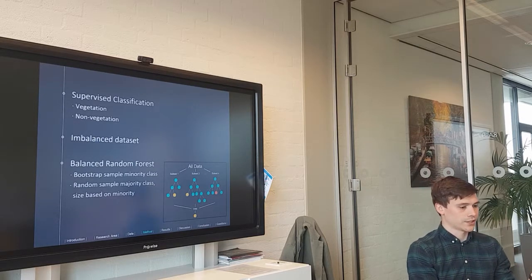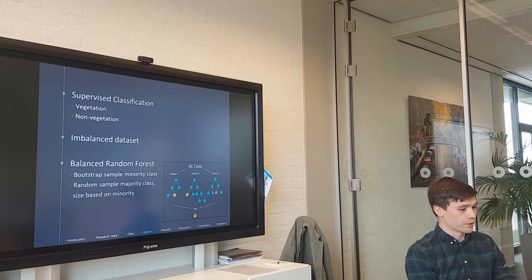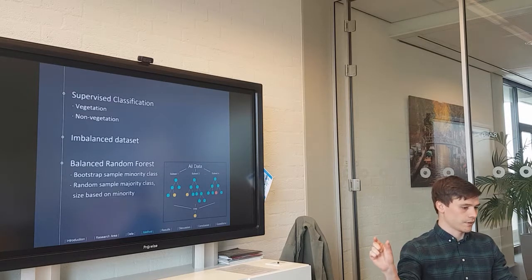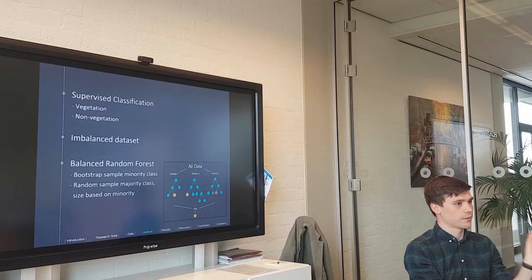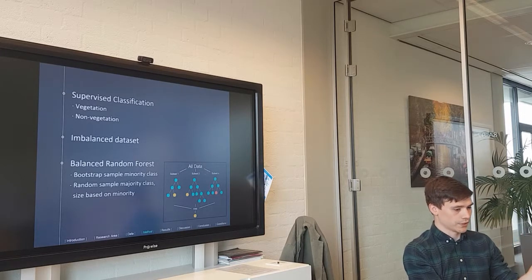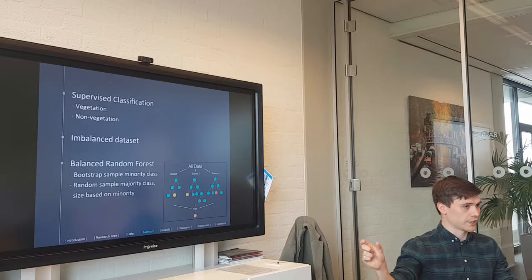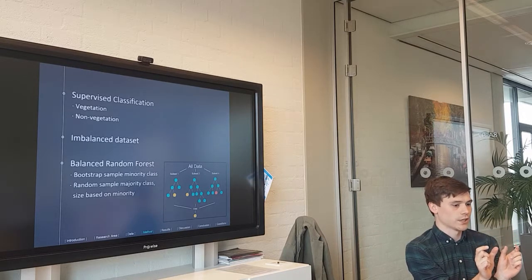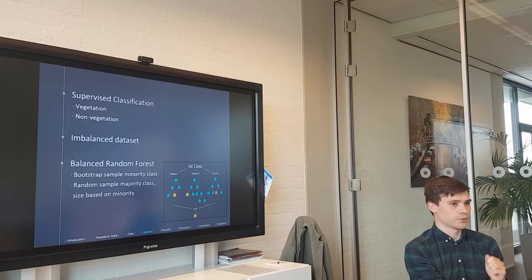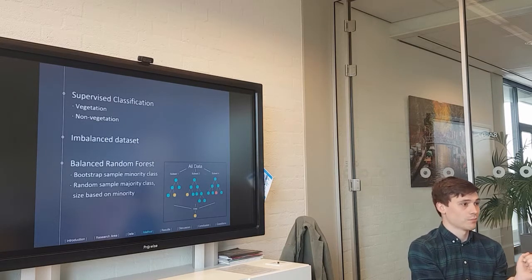Instead of doing the normal random subsampling, you can each time take a bootstrap sample of the minority class and then just take a random sample from the majority class based on the size of the minority class. So each time you're using different data from the majority class, but keeping both classes balanced. In that way we want to remove the bias towards the majority class.